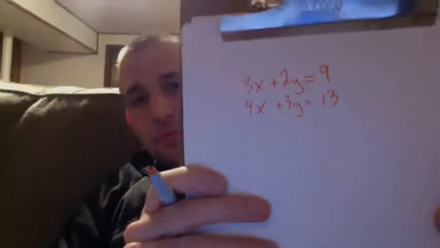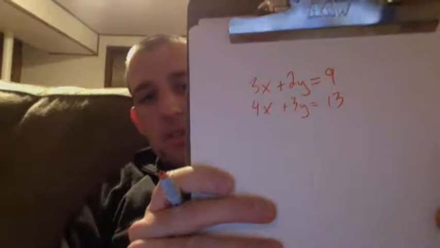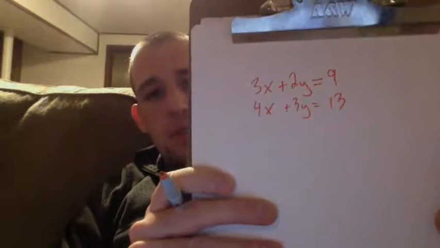The first problem would be 3x plus 2y equals 9 for the first equation, and 4x plus 3y equals 13. So that's going to be our elimination problem. 3x plus 2y equals 9, and 4x plus 3y equals 13. Solve that one with elimination.